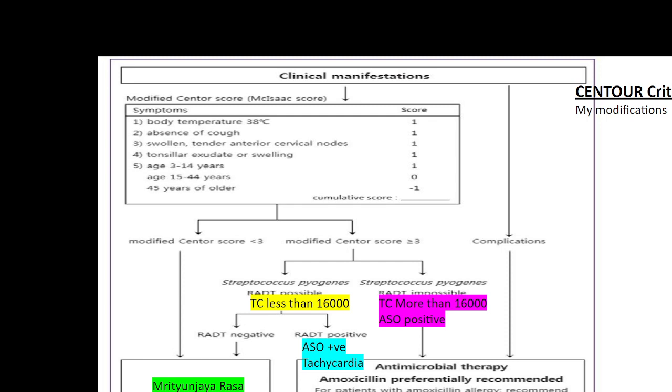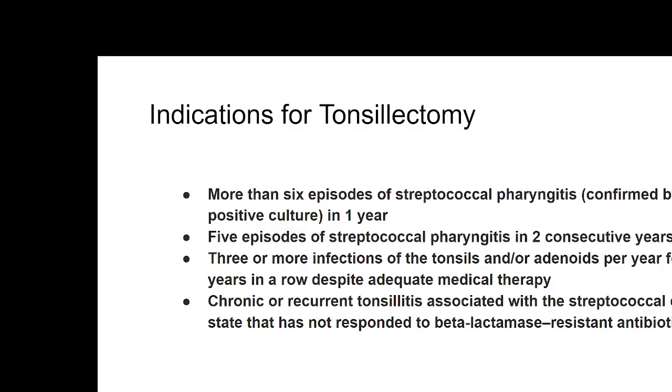If there are complications like peritonsillar abscess, then of course antibiotics would be necessary, as well as drainage. Now, what I have presented is the standard protocol: the indication for tonsillectomy is more than 6 episodes of streptococcal pharyngitis confirmed by positive culture in 1 year. Simply because a patient had 1 episode of streptococcal pharyngitis, tonsillectomy is not necessary.